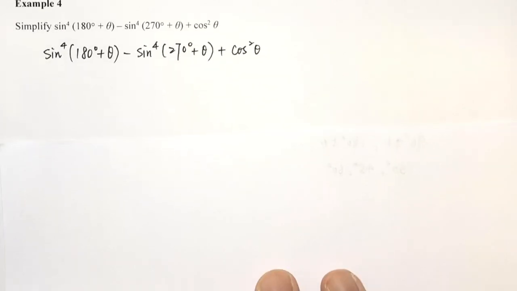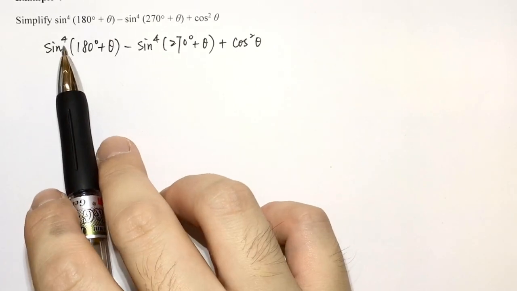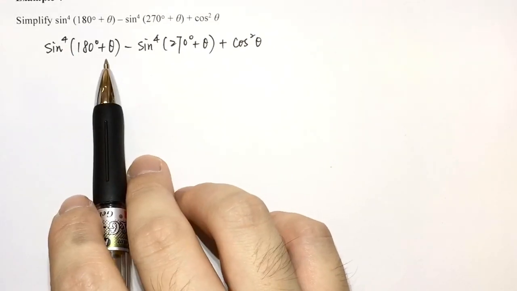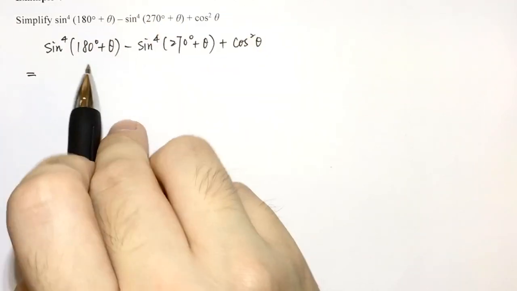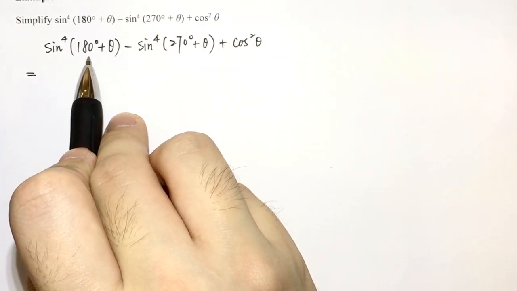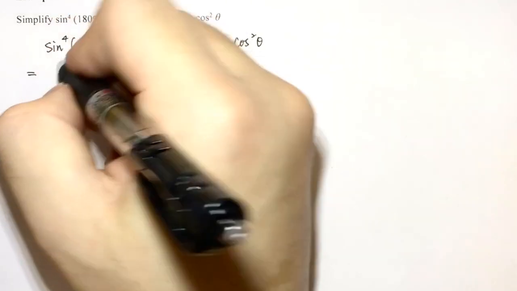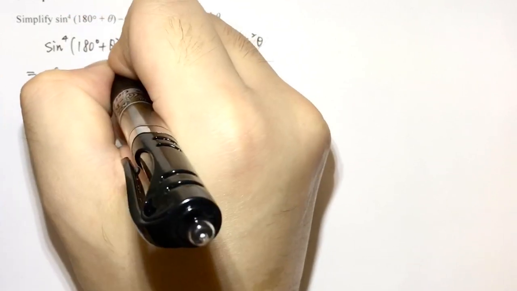Last example of this video. We don't take care of this power 4 first. We take care of the change of angle here. Horizontal, no change, and also y value quadrant 3, so we have a negative sine theta to the power 4.